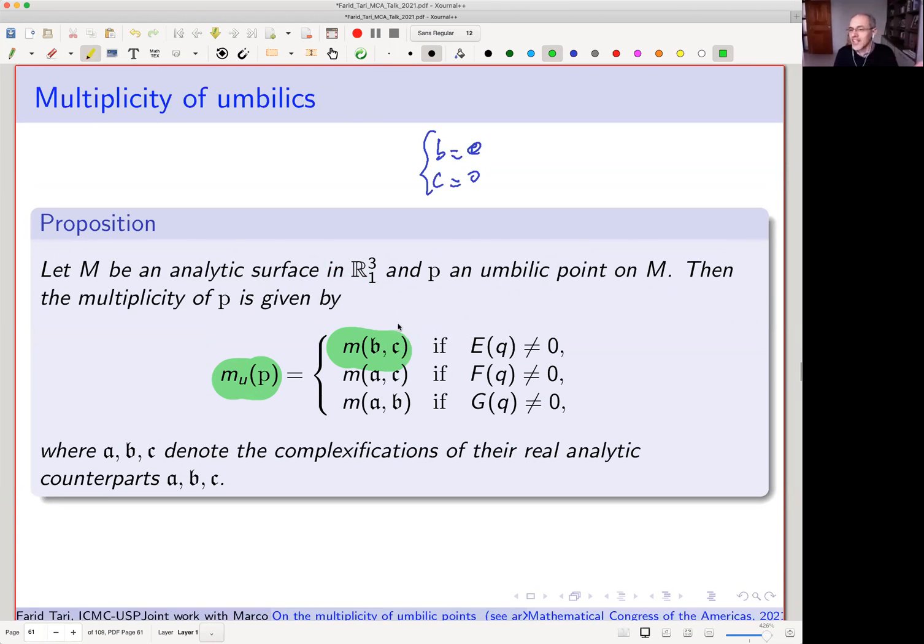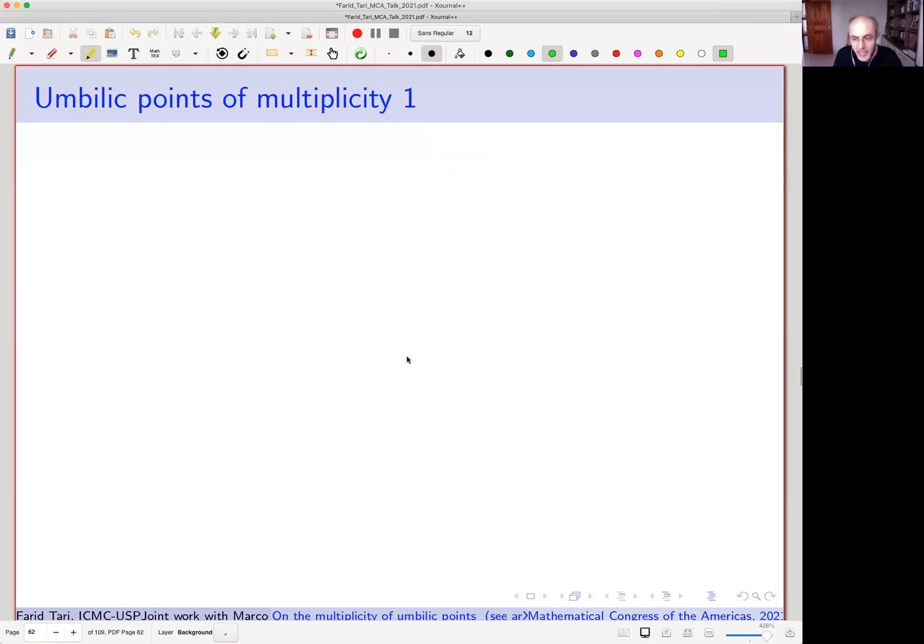It's the usual problem: in the complex case, a polynomial of degree n always has n complex roots, but in the real case it has at most n roots. So this multiplicity is given by this number, but it's the maximum number of umbilic points that can appear on the surface. Now that we have defined the multiplicity of umbilic points and we know how to count them, I'm going to give some results.